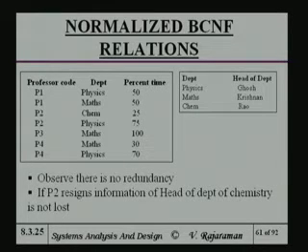So in this case, I am just taking the same relation and splitting it up into two parts. Observe that there is no redundancy, and if P2 resigns, the head of department of chemistry is not lost. That is, the same person's name is not repeated in many places. And of course the fact that P1 appears twice is essential information, because he is spending 50% in physics and math, and P2 similarly has to appear twice, because they are unique, chemistry and physics.